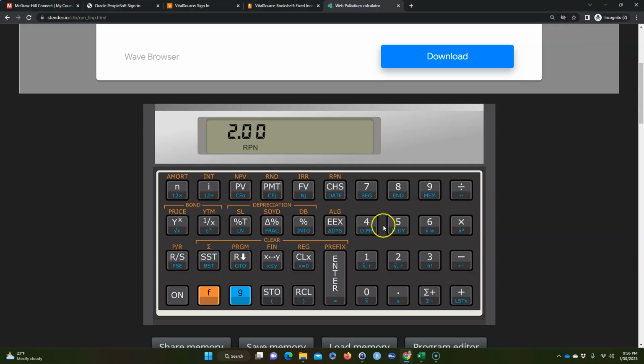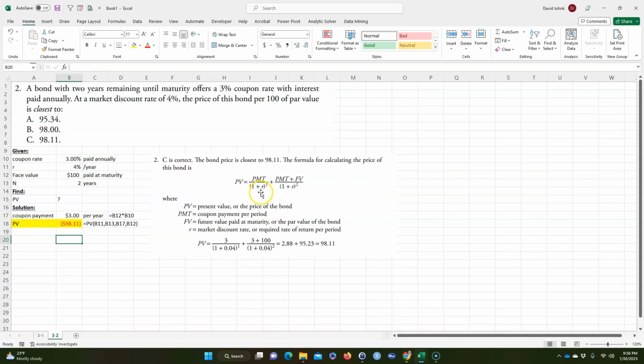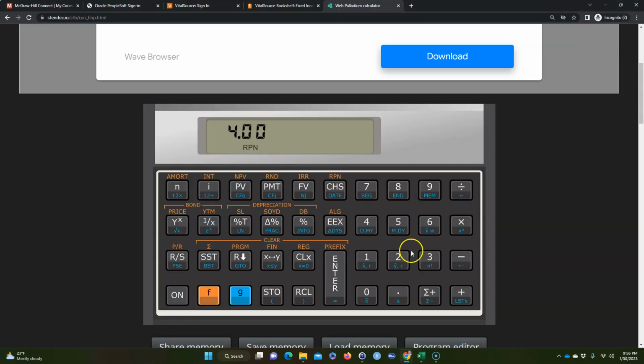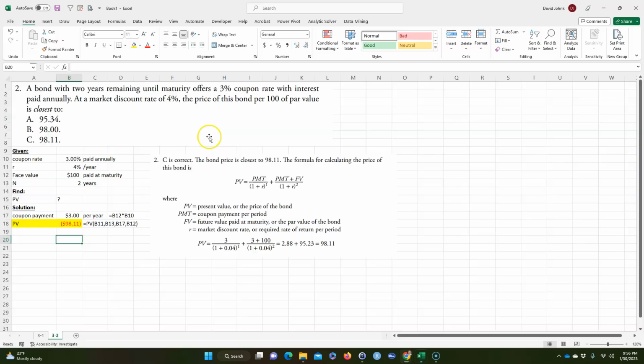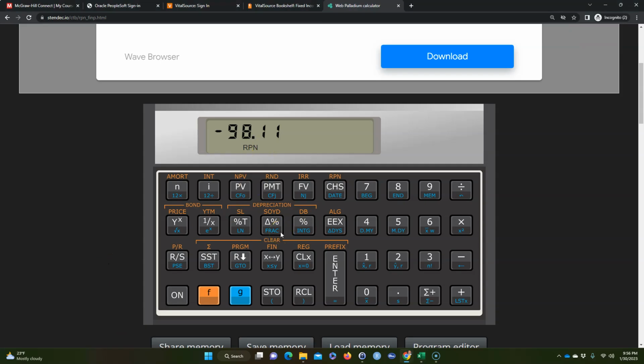This interest rate is 4, so 4% is I. Present value is what we want to know, so I won't do that right now. The payment is 3% or $3, right? So 3 is my payment. My future value is 100. And then if I hit PV to solve, it'll give me 98.11. And that's the same thing. So these are all built into financial calculators also.